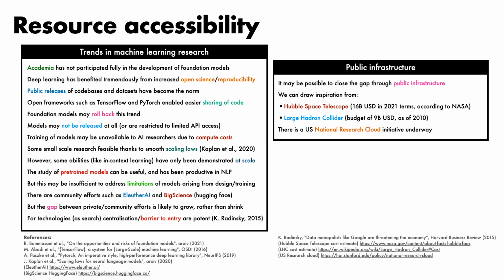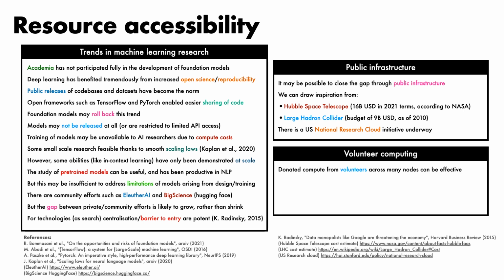Another possible approach to bridging the resource gap to industrial labs is to use volunteer computing, where computation is donated by many volunteers from small-scale computers across the world. A classic example of this is the Folding@home project, which conducted large-scale research on protein dynamics using hundreds of thousands of computers.